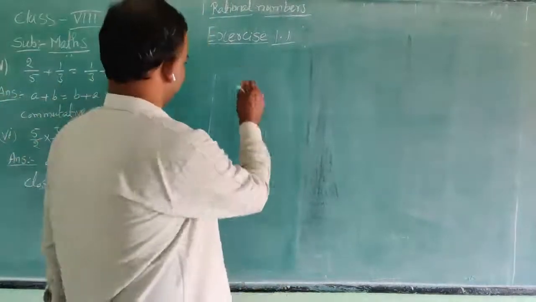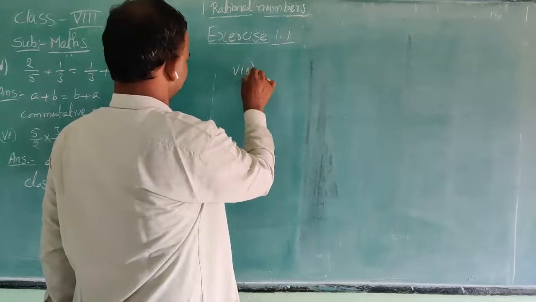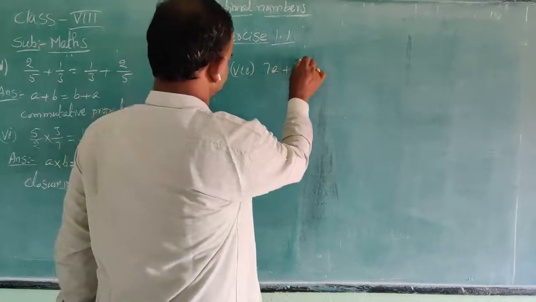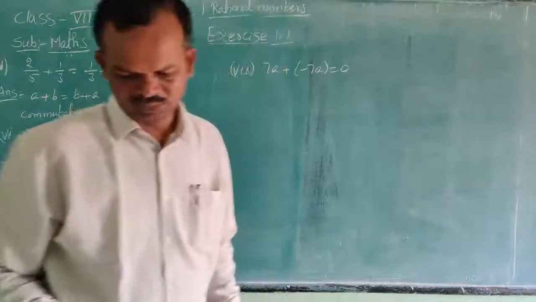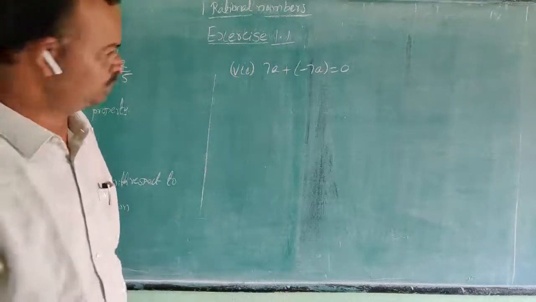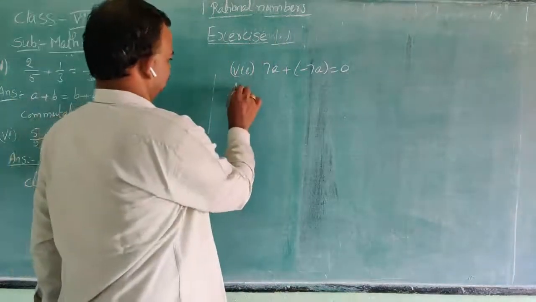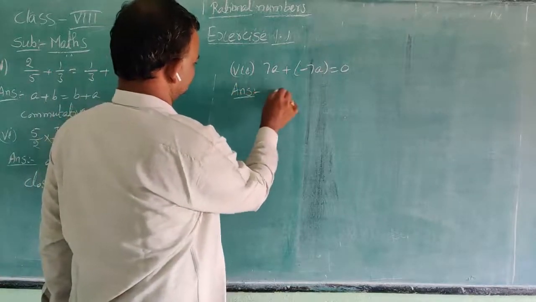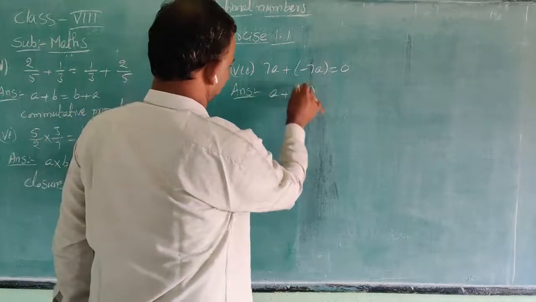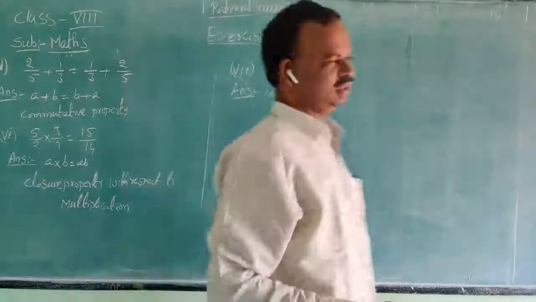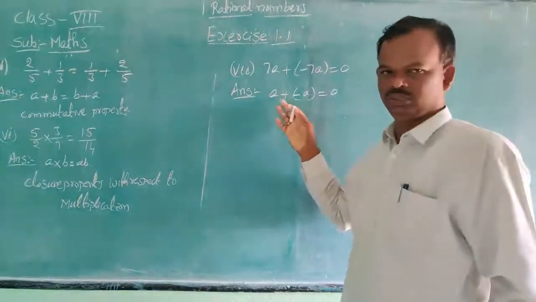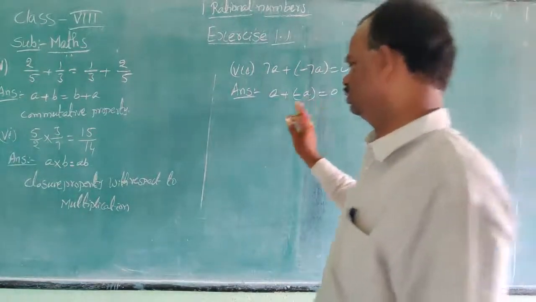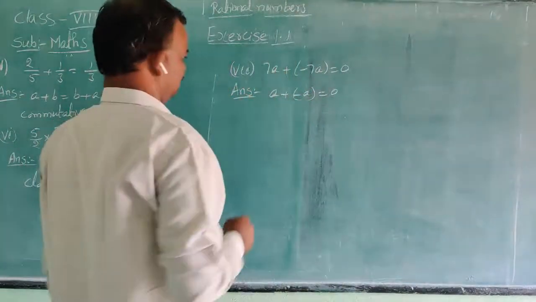Minus 7a plus 7a is equal to 0. A plus minus a is equal to 0. It is the additive inverse.